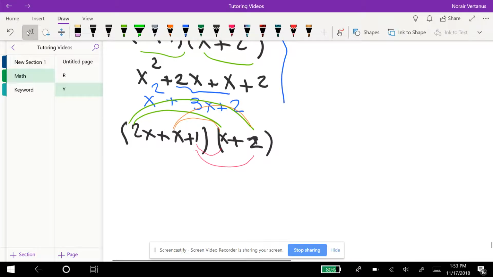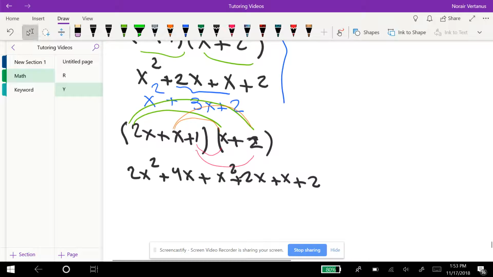You multiply all of them together and then add the common terms. So you're going to have 2x times x is what? 2x squared, right? Then 2x times 2 is what? Positive 4x. Then x times x is just plus x squared. And x times 2 is what? Plus 2x. And 1 times x is just plus 1x, which is x. And 1 times 2 is just 2.